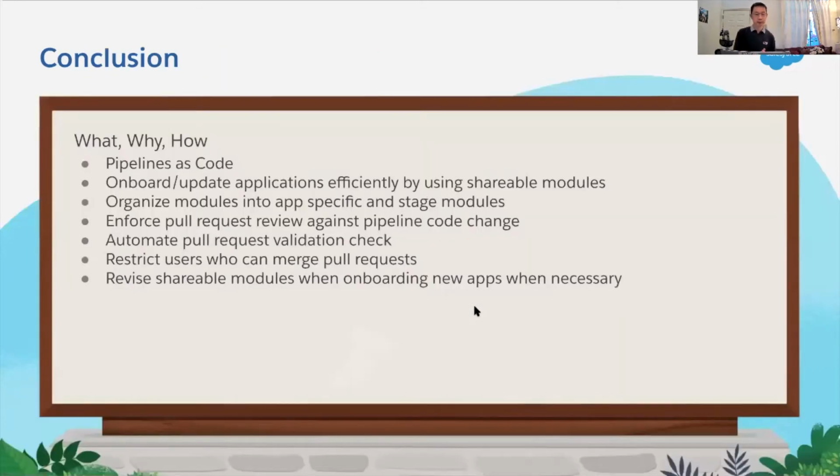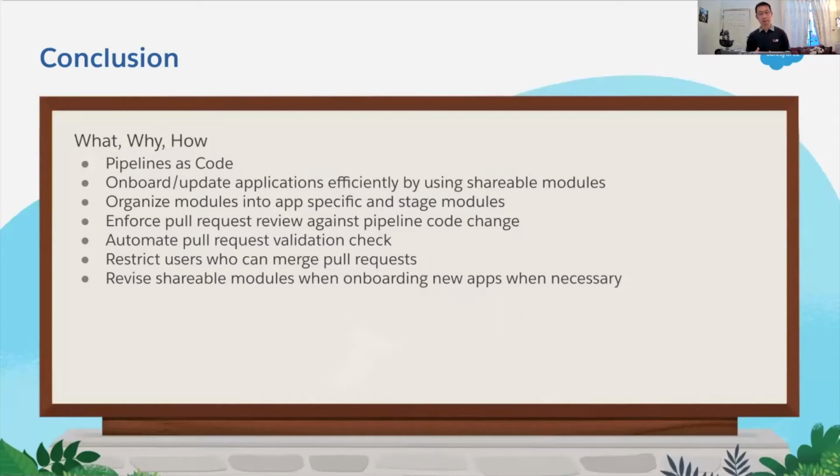So in conclusion, here's the what, why, how about pipelines as code. We onboard applications efficiently by using shareable modules. We organize modules into app-specific and stage modules. We enforce pull request review against pipeline code changes.